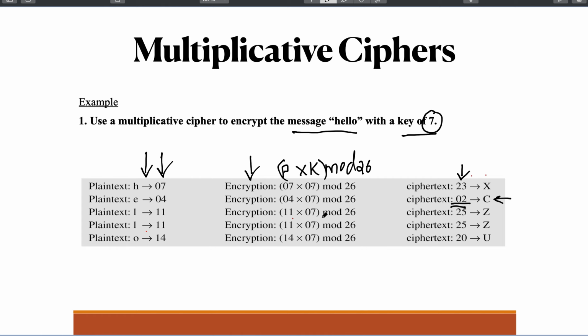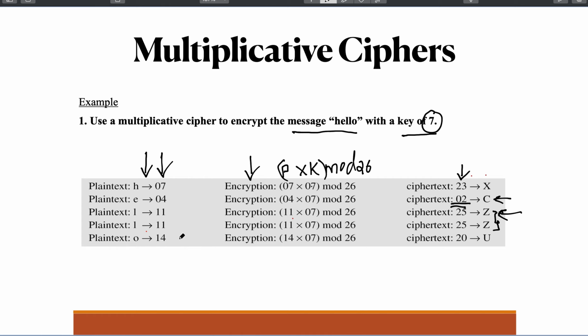We know that 78 mod 26 is fully divisible. So 25 will be the remainder when you multiply 11 by 7 to get 77 and divide it by 26. 25 is the integer representation of the letter Z. This is repeated in the next step also, because L appears two times.